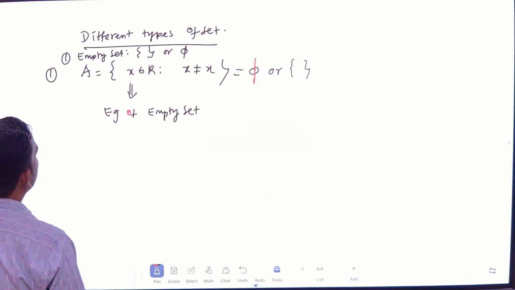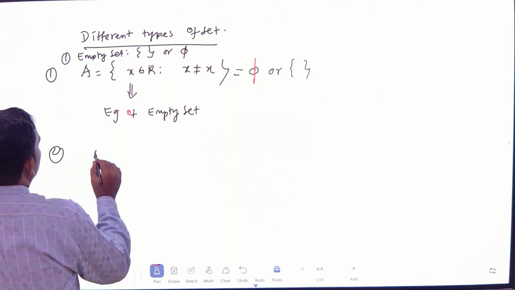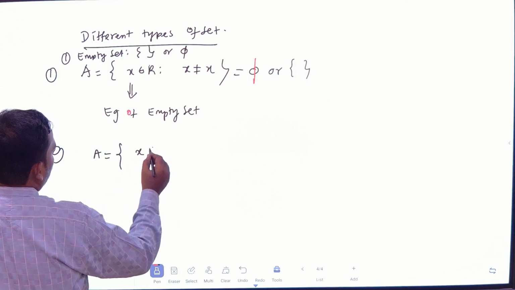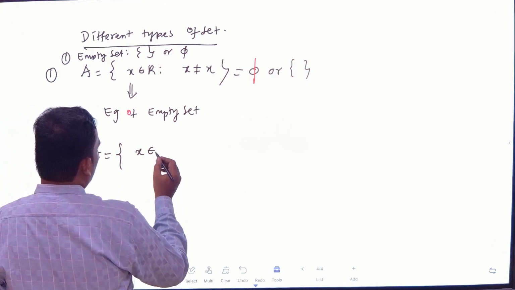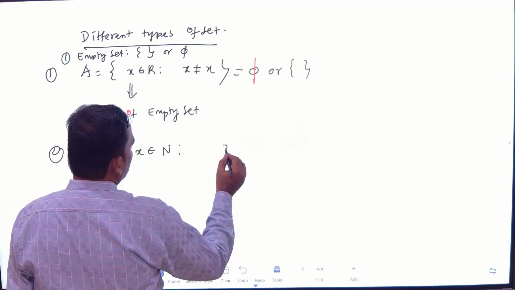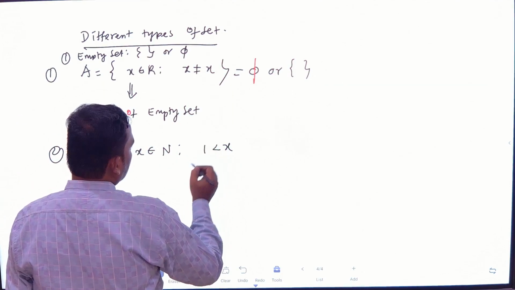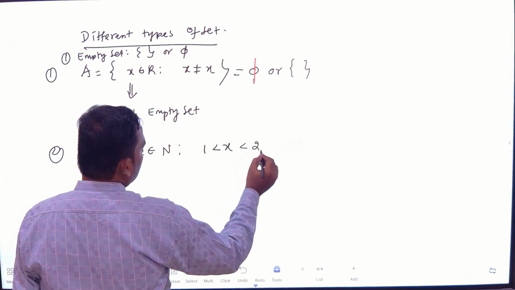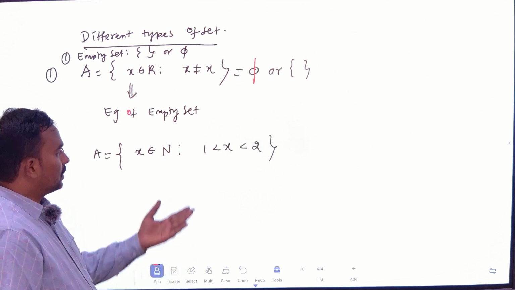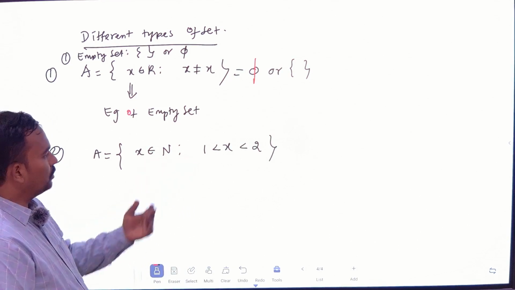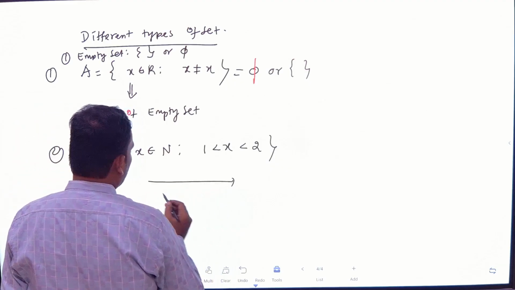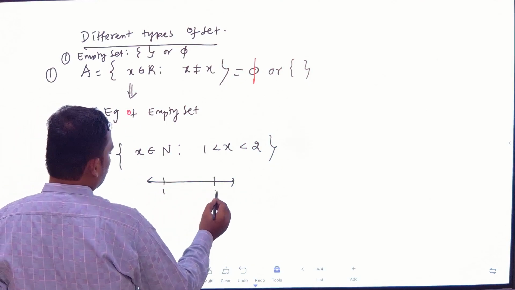So any other set, you can give one more example. Let's take A equal to x belongs to natural numbers such that x is between 1 and 2. Is any natural number possible between 1 and 2? That's not possible, right? You can see the interval: this is 1, here is 2.